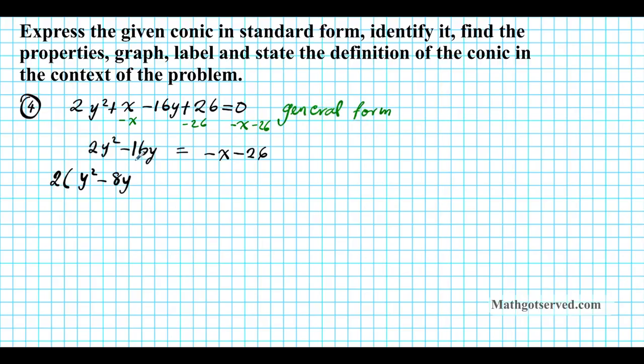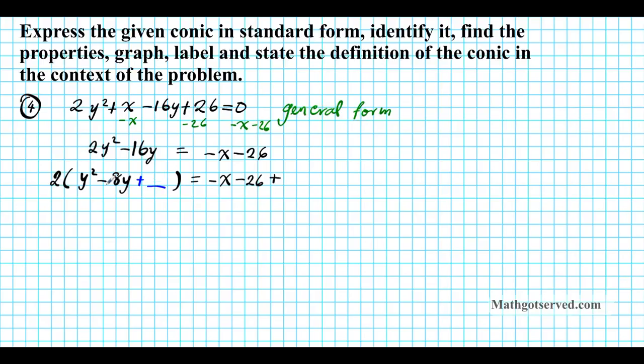Please do not forget to divide this by 2. And then plus the term that completes the square in the y world, equals negative x minus 26. And then we're also going to be adding something here too. We're going to figure out what that is momentarily.